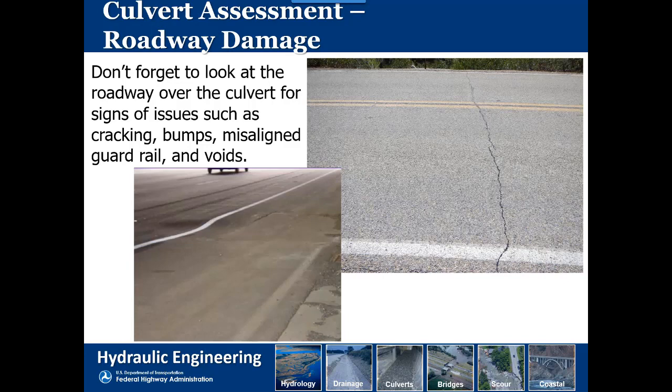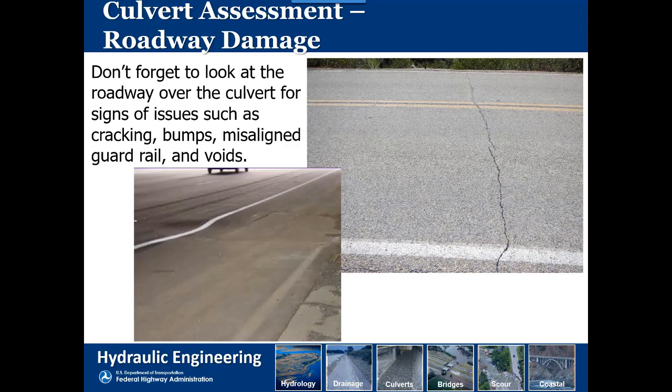Problems can also manifest on the roadway surface, so look at the roadway. If you know you're over a culvert location and you see a crack in the pavement, that may be an issue that your embankment is doing a little bit of settling. If you're driving along and you don't know a culvert's there and you go boom, boom, then you probably know there's a culvert under the road, right?